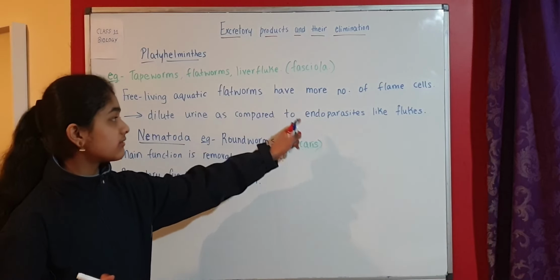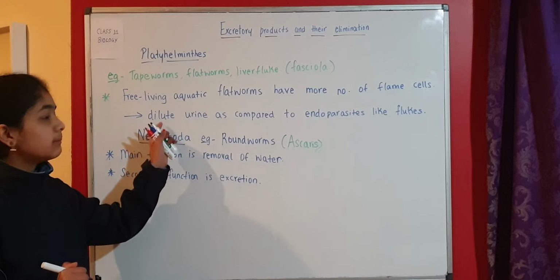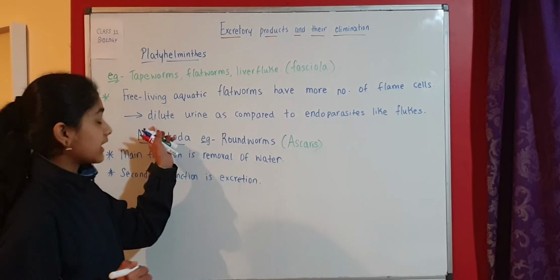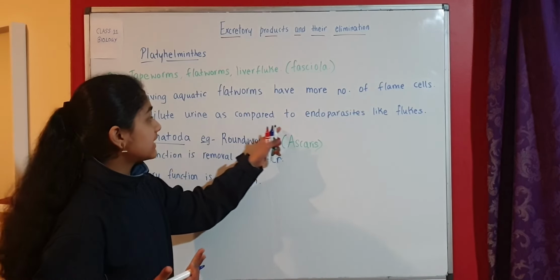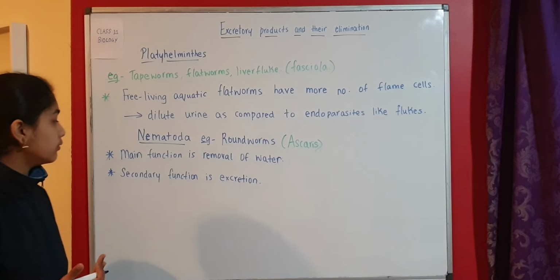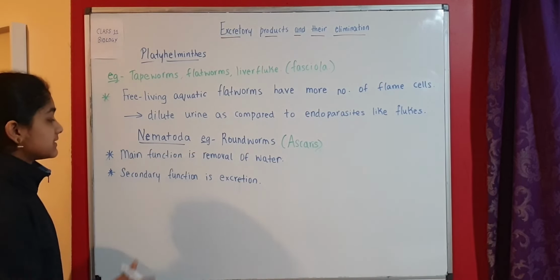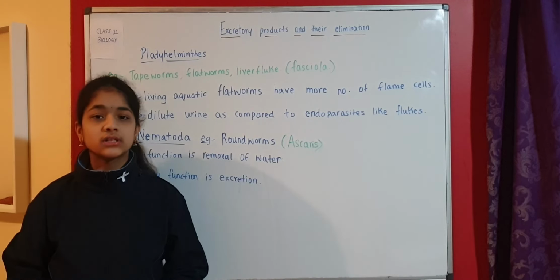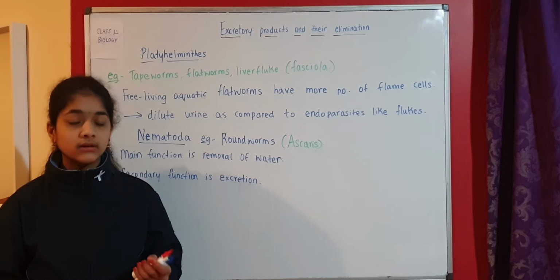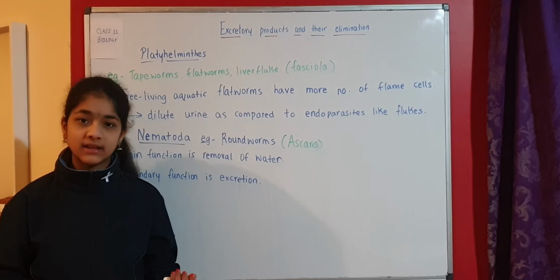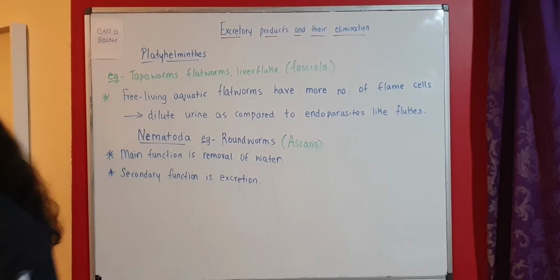Free living aquatic flatworms have more number of flame cells because they have dilute urine, where there is a lot of water, as compared to endoparasites like liver fluke. And in nematodes the main function is removal of water, but the secondary function is excretion. So in this video we have taken a look at the excretory organs in Platyhelminthes and nematodes.